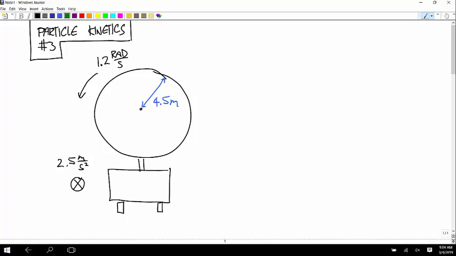And we need a coordinate system. So I'll say the z-axis is coming out, x is to the right, y is up. And the point that we're interested in is right here.